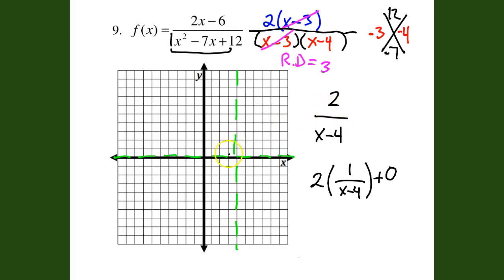And we have 2. There we go. Okay. And the removable discontinuity is at positive 3. So we'll go to 1, 2, 3, right? So that reference point right there that we drew earlier is actually undefined.